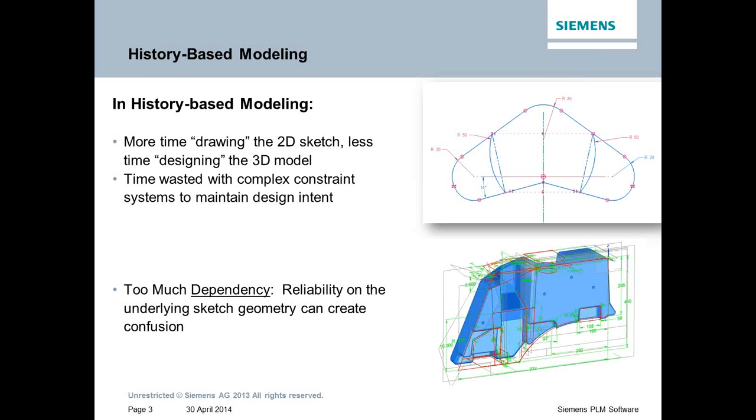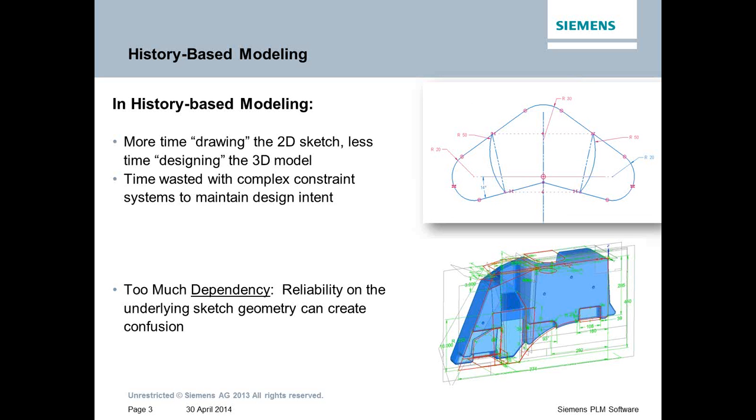I'm going to talk a little bit about history-based modeling. I may also refer to that during the presentation as traditional modeling, but typically in history-based modeling, the designer is going to be spending a lot of time creating 2D sketch geometry, applying what they call constraints and dimensional information to the 2D underlying sketch.